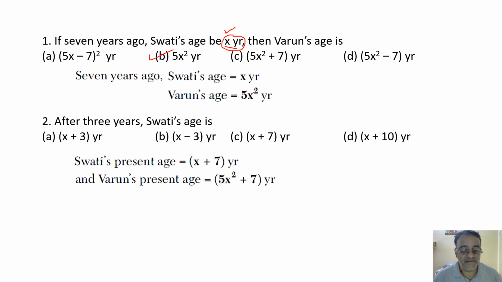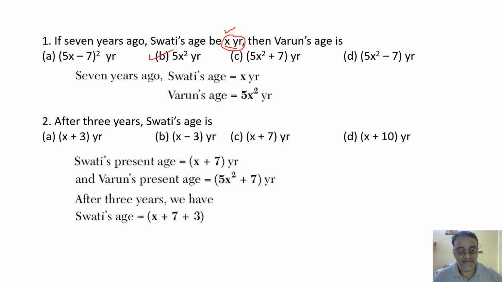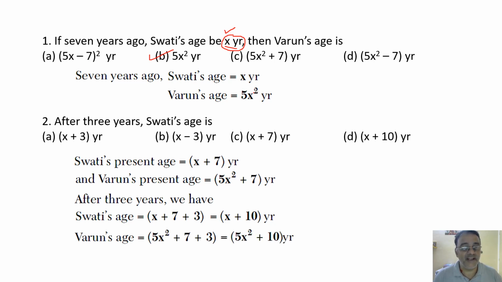After 3 years, Swati's age will be x plus 7 plus 3, that is x plus 10 years. And Varun's age will be 5x square plus 7 plus 3, that is 5x square plus 10 years. Right now we have to write Swati's age here. So what is the correct answer? Option D, right.